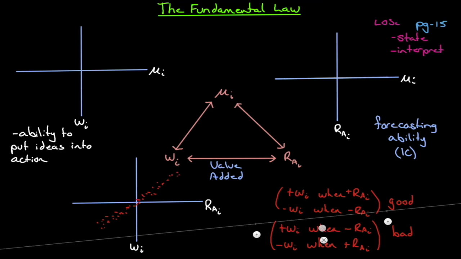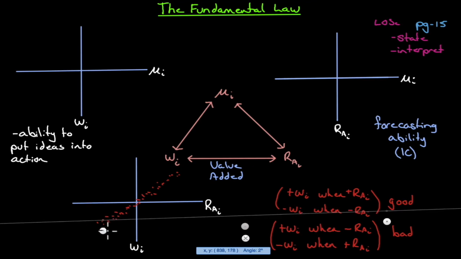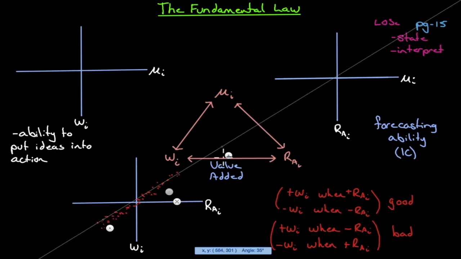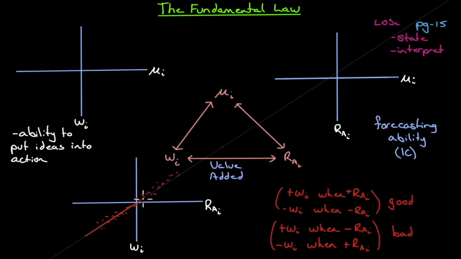We would like to see something like this. There we go. So if we wanted to measure the line of best fit through here, what are we coming up with? We're coming up with a correlation. And what correlation is that? That's the correlation between the active weights and the active returns. That measures value added.